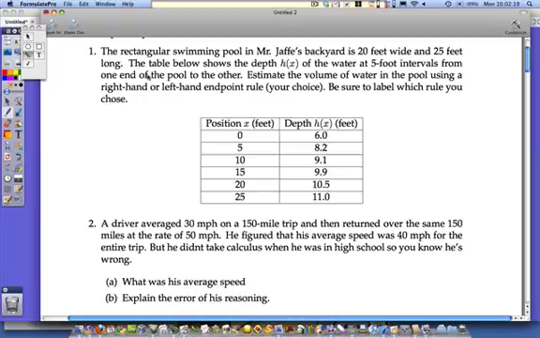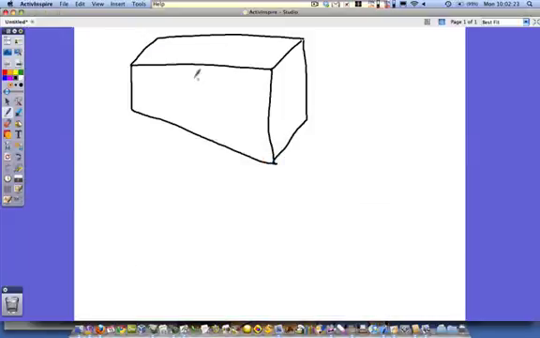So I'm going to draw, let's see, we need 1, 2, 3, 4, 5, 6. There we go.